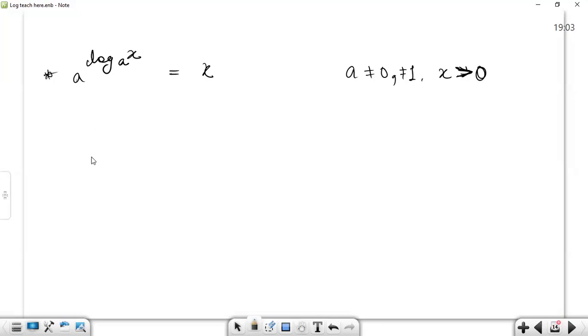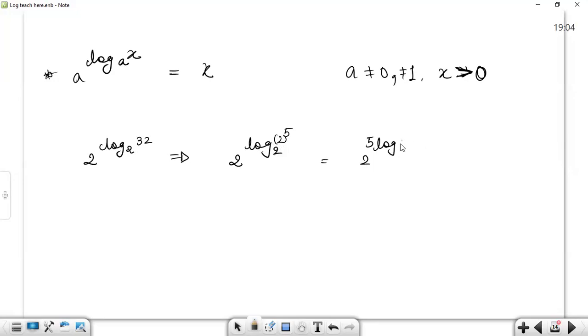Let's take an example. 2 raised to power logarithm of 32 to the base 2. On finding out, logarithm of 32 is what? 5, right? So 2 raised to power, now the 5 will come ahead as the multiple.